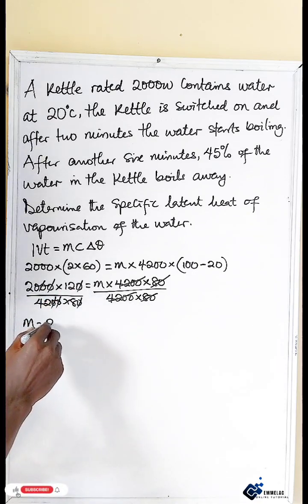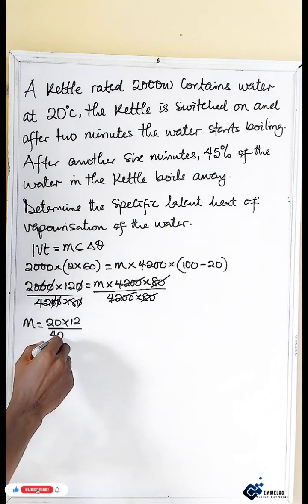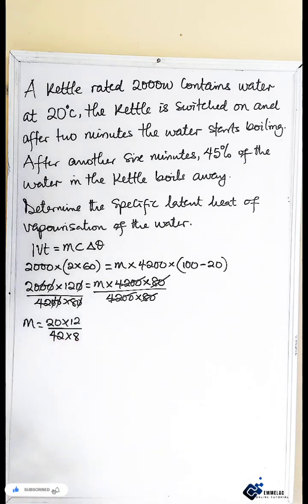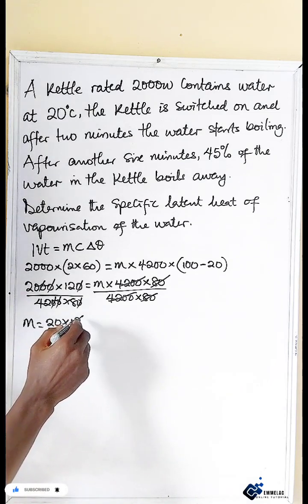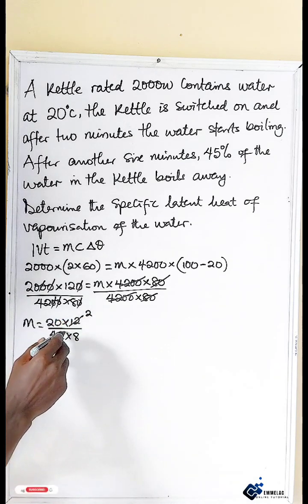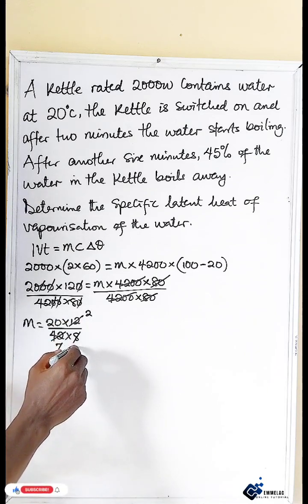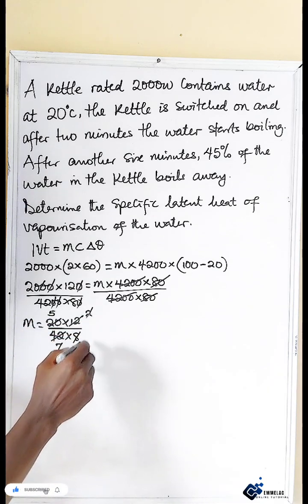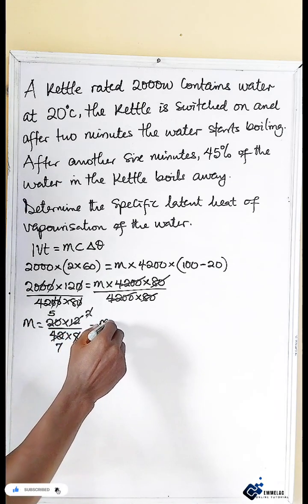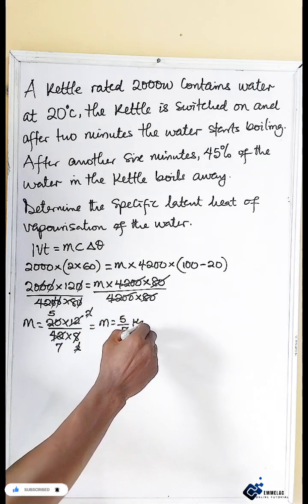We're left with 20 times 12 all over 42 times 8. We can still divide further: 6 here, 2, 6 here, 7; 4 here, 2, 4 here, 5; 2 here, 2. So our mass is now 5 over 7 kilogram.